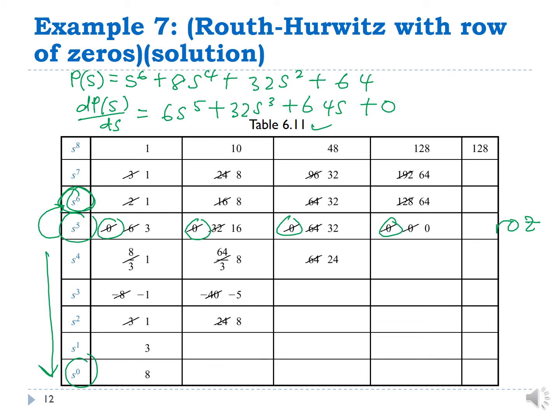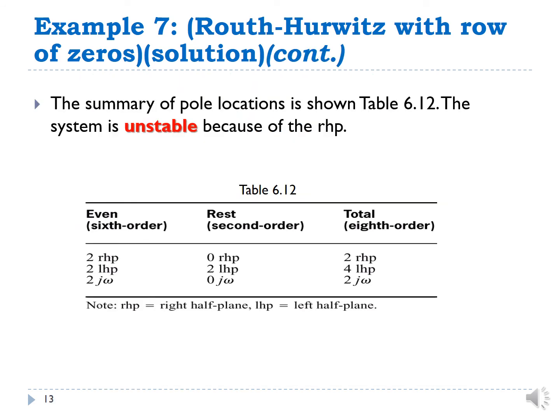As seen in the first column of the table, there are two sign changes in the first column. As seen in the table, these two sign changes occur from the even polynomial s^6 row down to the s^0 row. Hence, the even polynomial has two right half plane poles.